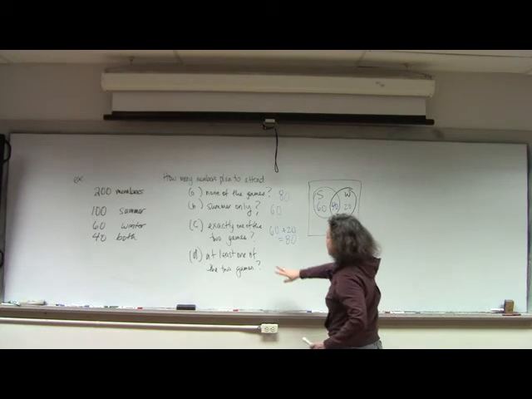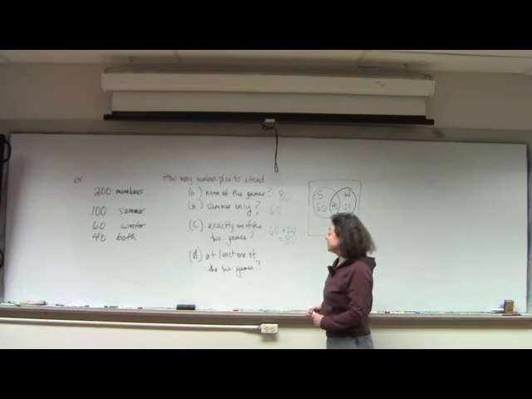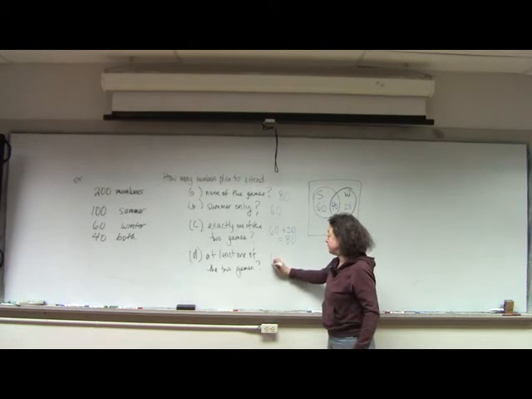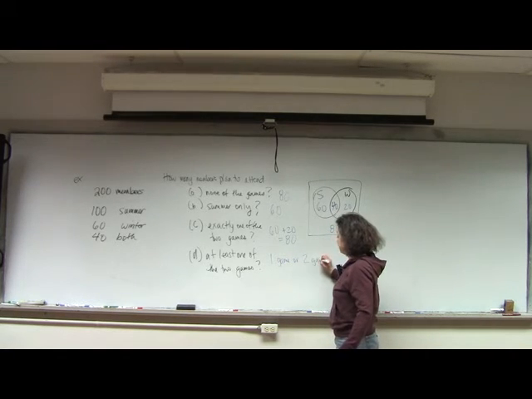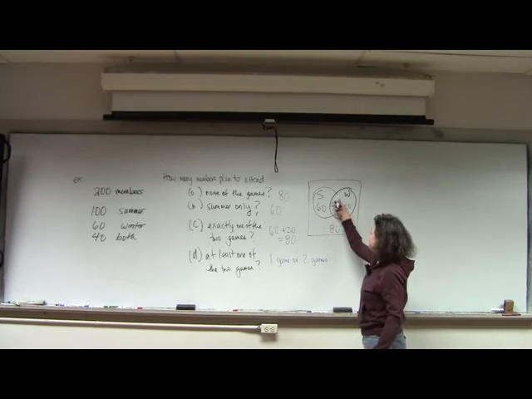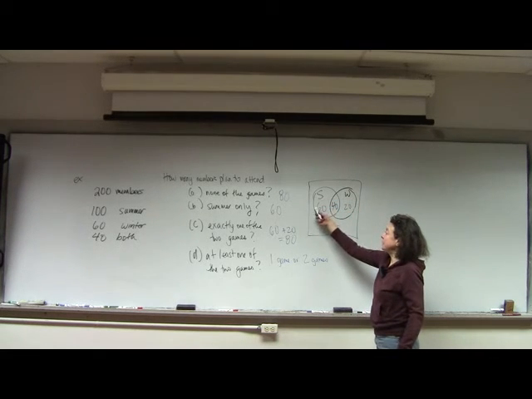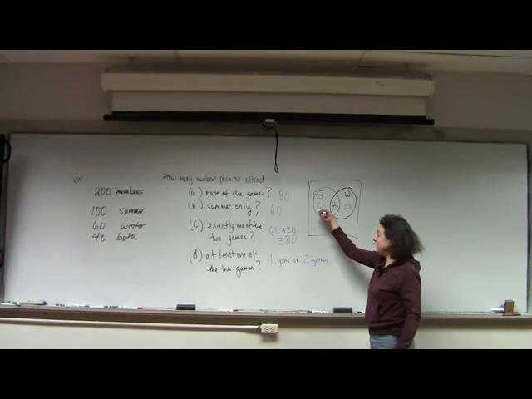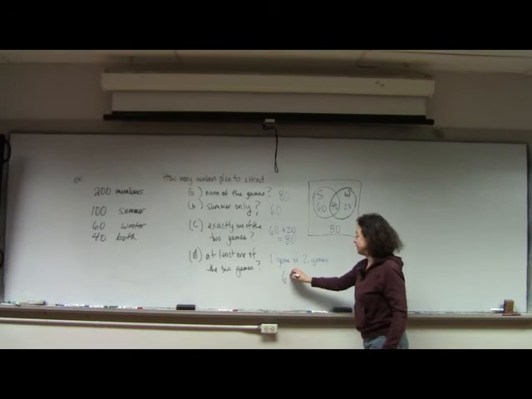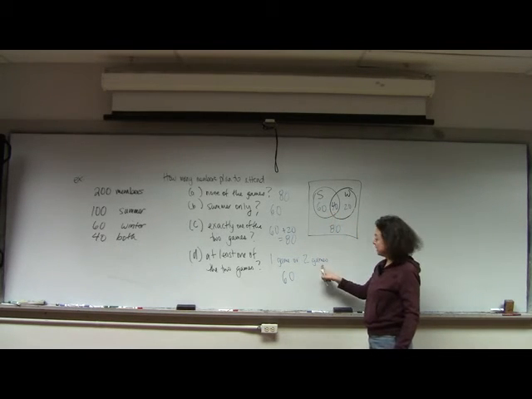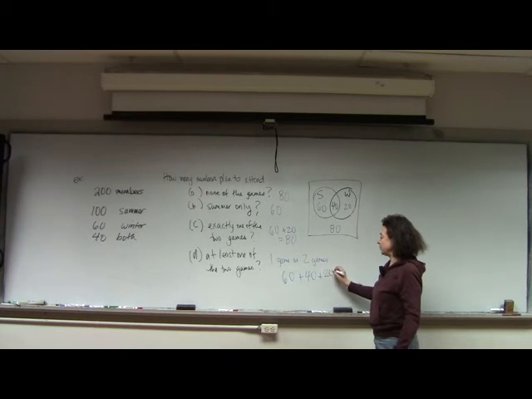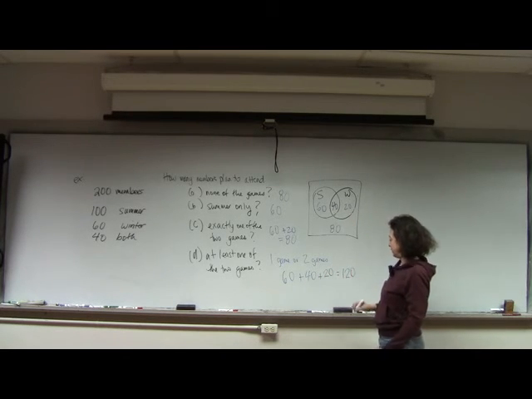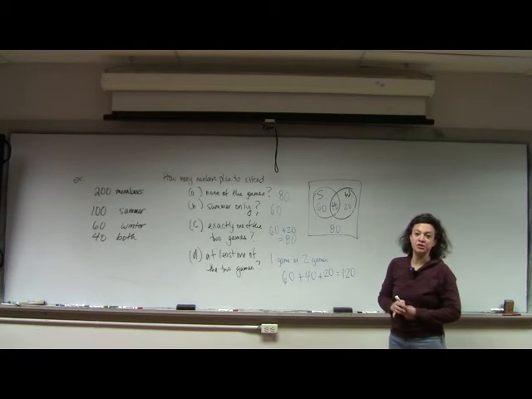In this scenario, at least one of the two games means they're going to one game or two games. And I claim that's precisely my union here. These guys are going to one game, therefore they're relevant. These guys are going to two games, therefore they're relevant. And again, those guys are going to one game, so they're relevant as well. So our answer there is 120.